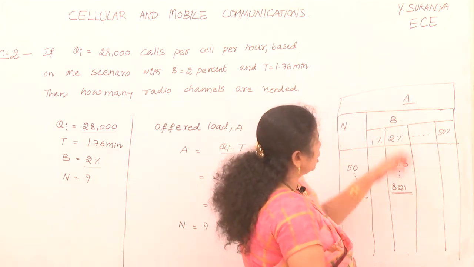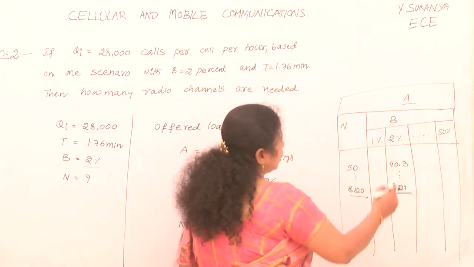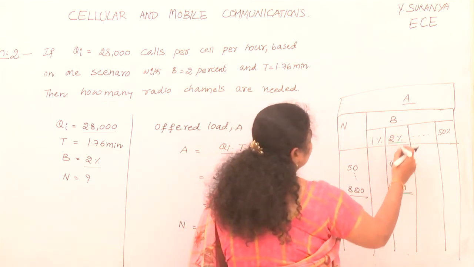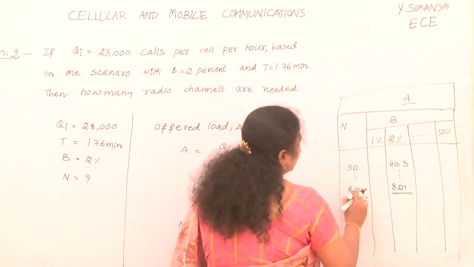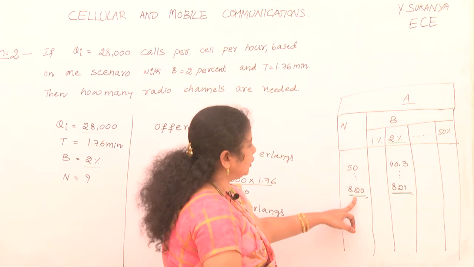So for the offered load of 821 with a blocking probability of 2%, the number of channels required is about 820.